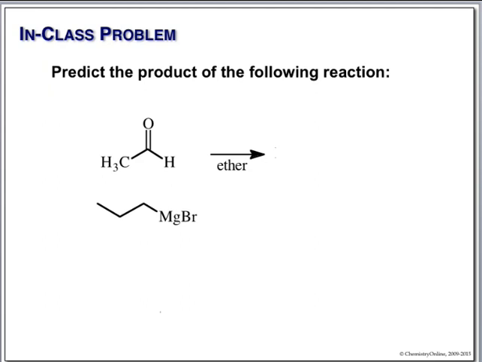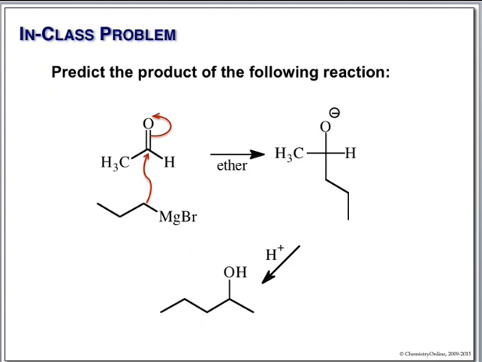This carbon is our stabilized carbanion. It will simply attack the carbonyl, and that will be our oxyanion. Again, our second step, dump it into aqueous acid and we get the alcohol. Aldehyde, secondary alcohol.